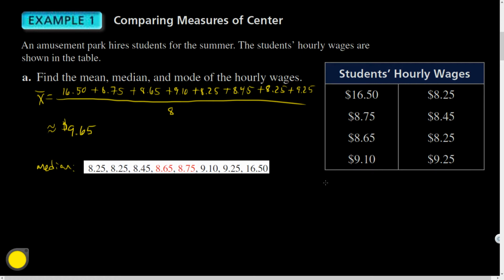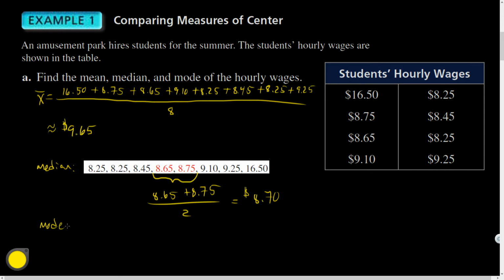So what do we do? We take just the middle two: 8.65 plus 8.75 divided by 2, and that ends up equaling 8.7, which is halfway between those two. So that's $8.70 as my middle number.